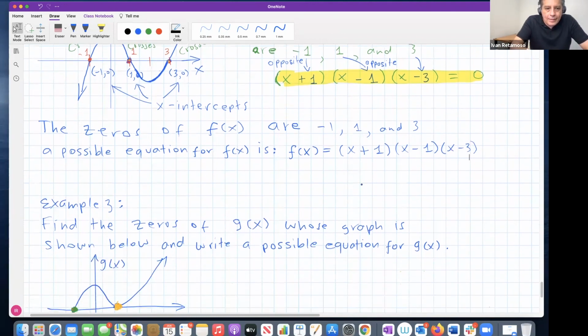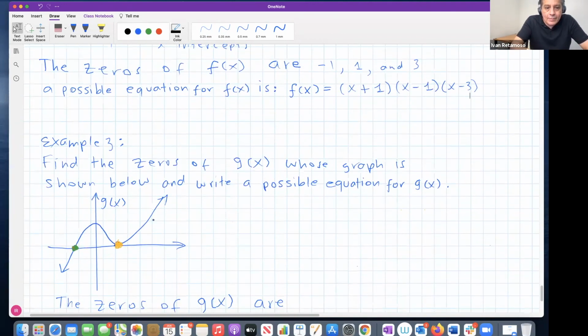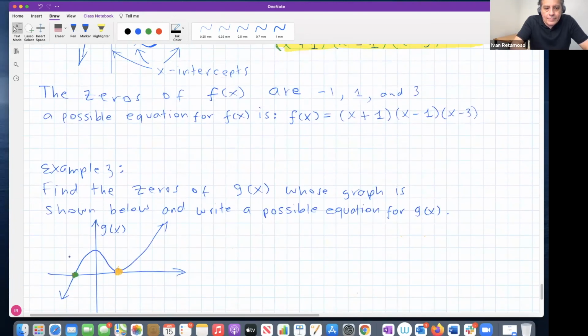All right. Now, example 3. This one, look, is showing this curve crossing, but then this curve touching, right? So can you figure out first the zeros? As a hint, this one is negative 1, this one is 1 unit to the right.